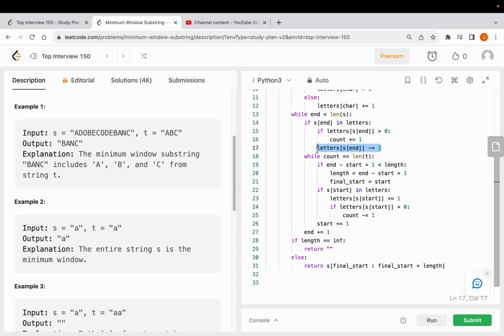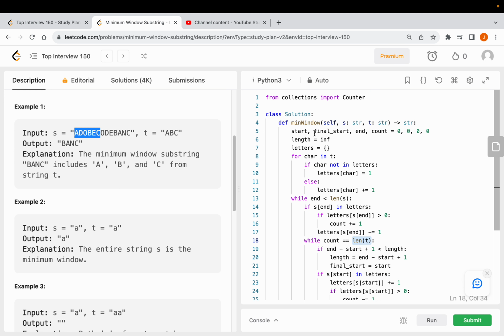We decrement, so the letters dictionary still has those 3 keys A, B, C, but the values for all of them are now 0. Now count is 3 and length of T is 3, which means we have found a valid window. End is at C, start is at 0, so the length of this current window is 5 minus 0 plus 1, so that's 6.